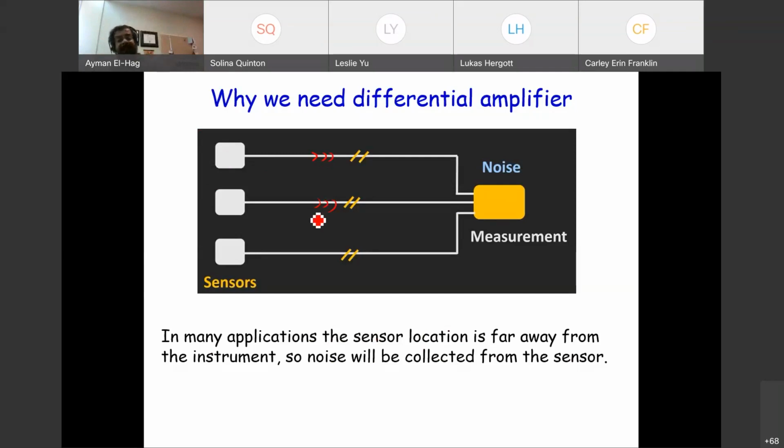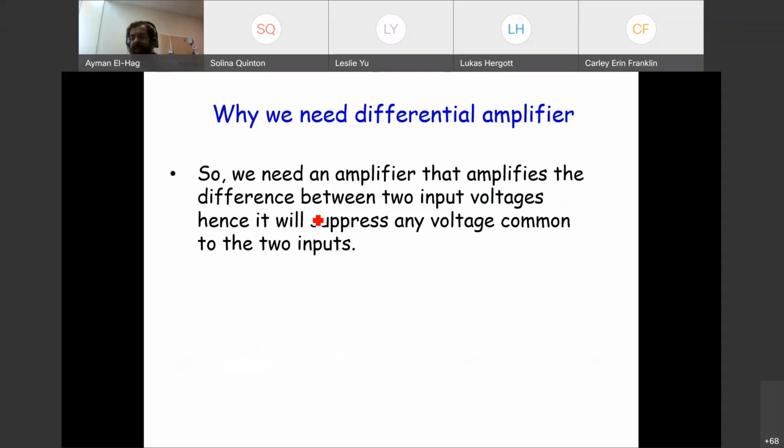We will talk about filters at the end of the course as a way to get rid of noise, but there is another efficient way that we will discuss, and this is where the differential amplifier comes in. Now, this op amp has 2 legs. Each leg comes from the same location, so we can assume safely that the noise is the same on these 2 inputs.